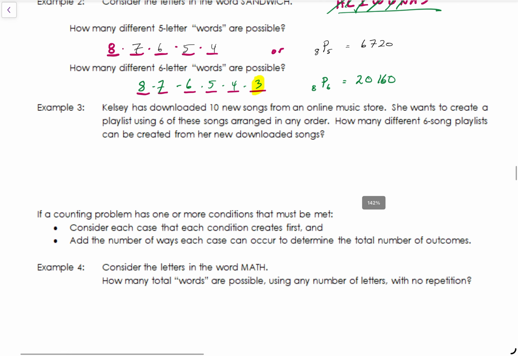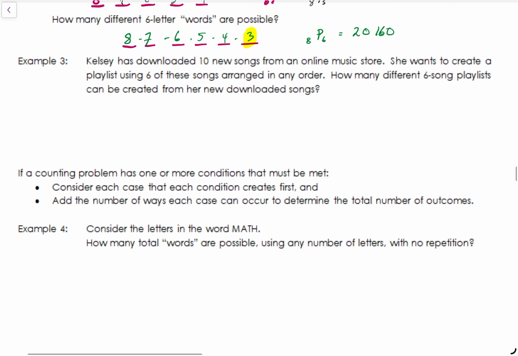Now, example number 3. Kelsey has downloaded 10 songs from an online store. I find this question really confusing because I don't know why it just doesn't mesh with my brain. So I'm just going to call these songs A, B, C, D, E, F, G, H, I, J. Those are the first 10 letters, and there's nothing significant about these.